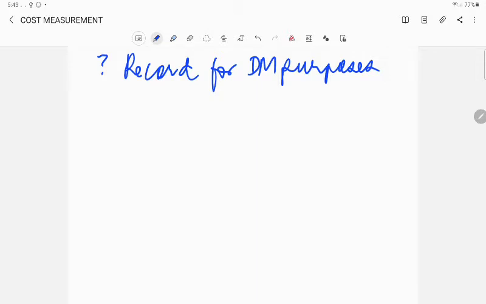And since we are in strategic cost management, the first step would be to record and then make decisions out of the recorded cost. And the first thing that you have to do is accumulate.